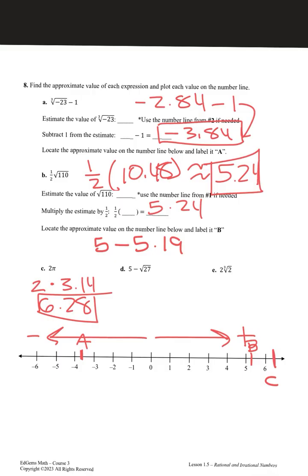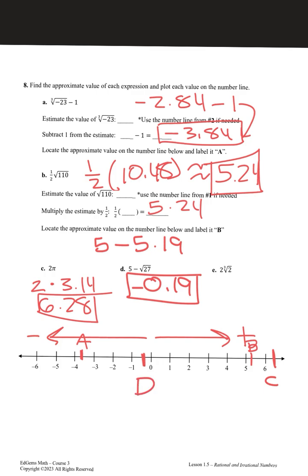And when I subtract those, 5 minus 5.19, that is actually negative 0.19. Again, trust but verify, use your calculators. So negative 0.19 on the number line is going to be in between 0 and negative 1. So let's say right there, right? So that's D.